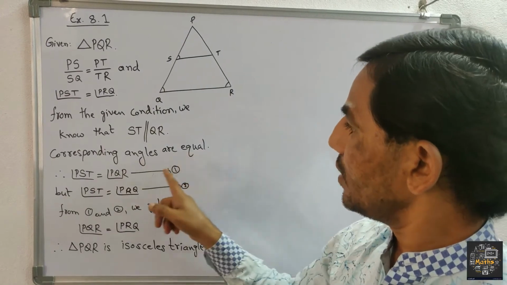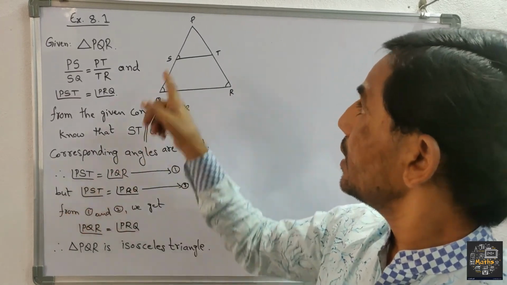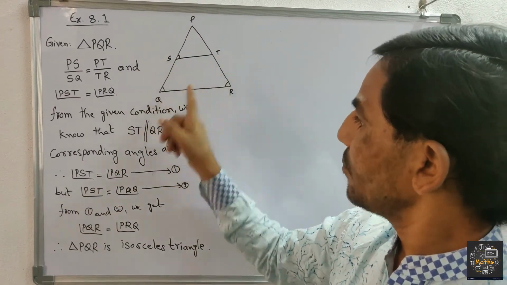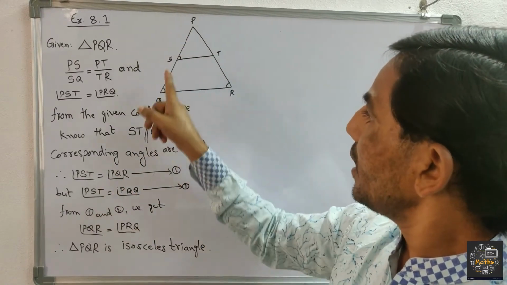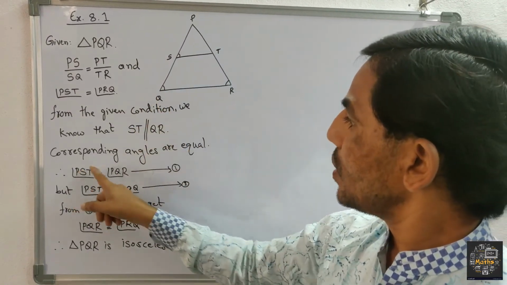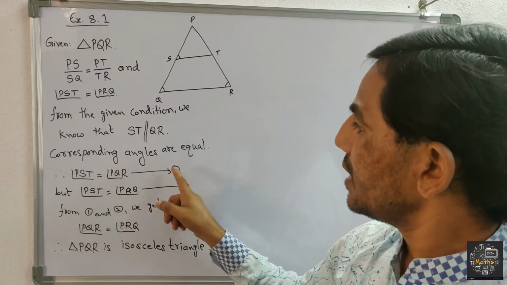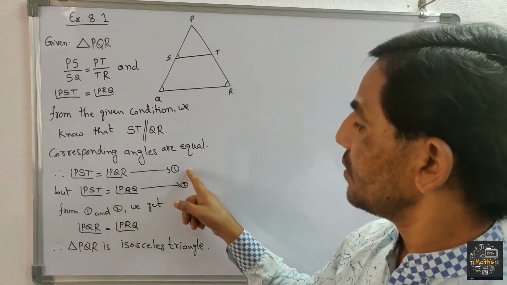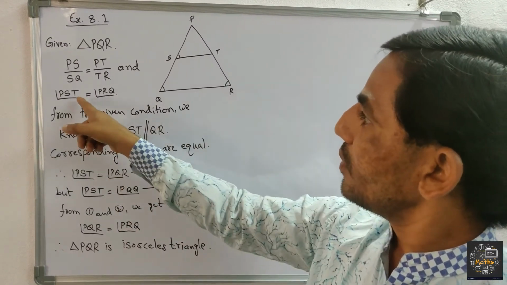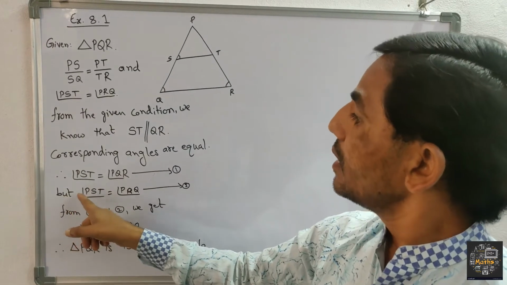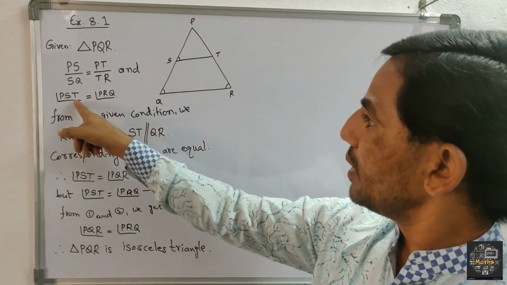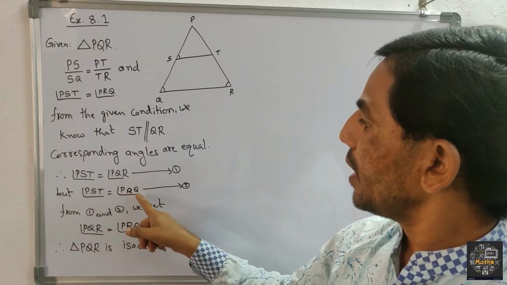So angle PST is equal to angle PQR. These two angles are corresponding angles. Okay, I am taking this as equation number 1. But already one condition is given, that is angle PST is equal to angle PRQ. This is equation number 2.